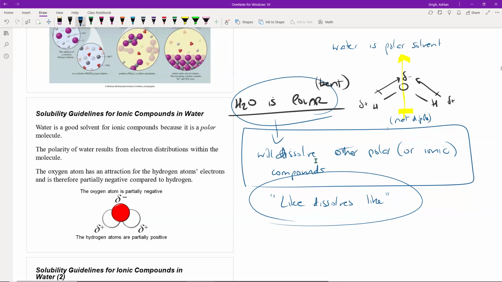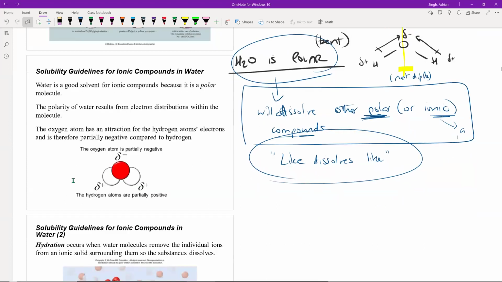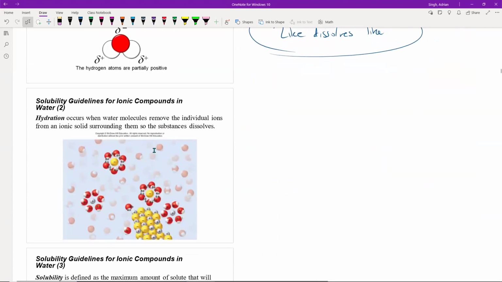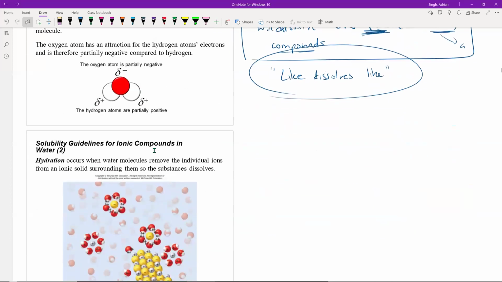So a polar solvent like water will mix very easily with other polar things. Okay, so like dissolves like, same polarity, or it will dissolve ionic compounds because ionic compounds are as polar as you can get. They're so polar, in fact, that they're just ionic. So that's the reason why it's considered a really good solvent for most things, because it's polar. We can apply the like dissolves like rule. So how do things actually dissolve in water in the first place?